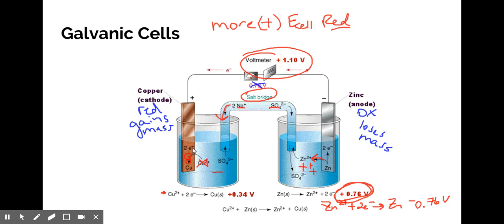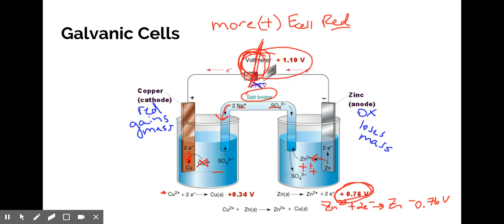If I can't balance out my charges here, then my electrons will no longer want to flow through my wire and I won't get a voltage. Okay, so that is why it's important to have the salt bridge. It balances out these charges. If I did not have a salt bridge here, then my E cell would automatically be 0. I would not have any voltage at all.